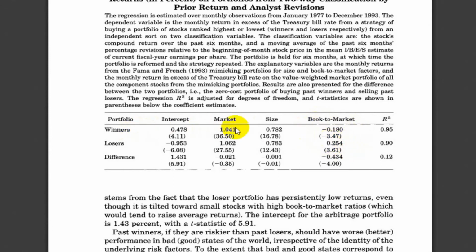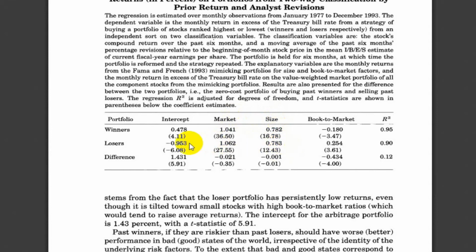The winner and loser portfolios seem to have similar market risk exposures, although the losers seem to be slightly higher. And for both groups, the size seems to be a highly significant source of returns, but their coefficients are very similar.